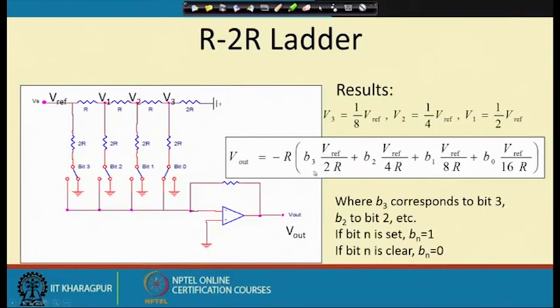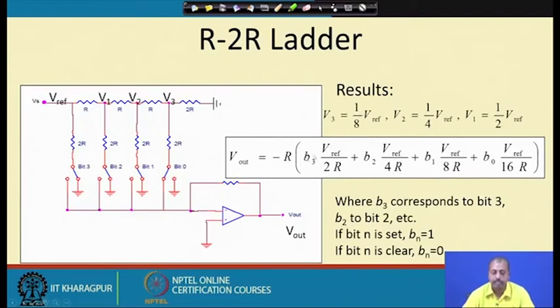For example, V1 is half of Vref, V2 is half of V1, that is 1/4 of Vref, and V3 is half of V2, that is 1/8 of Vref.